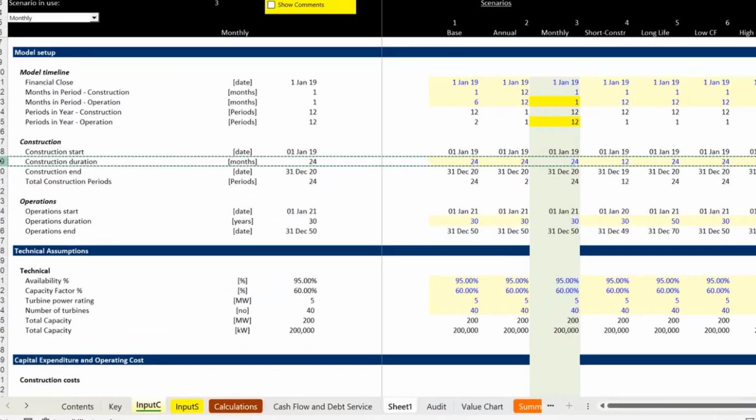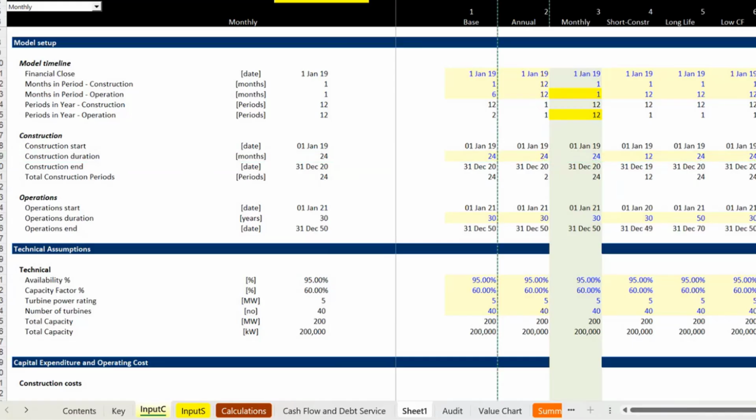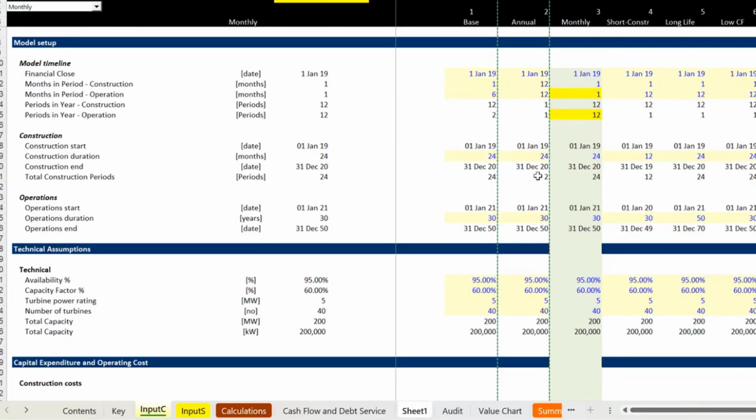Now look at the second scenario, where I just made an example where everything is annual. If everything is annual, then we have 12 months in our period, so we'll use the 12 months in the period.